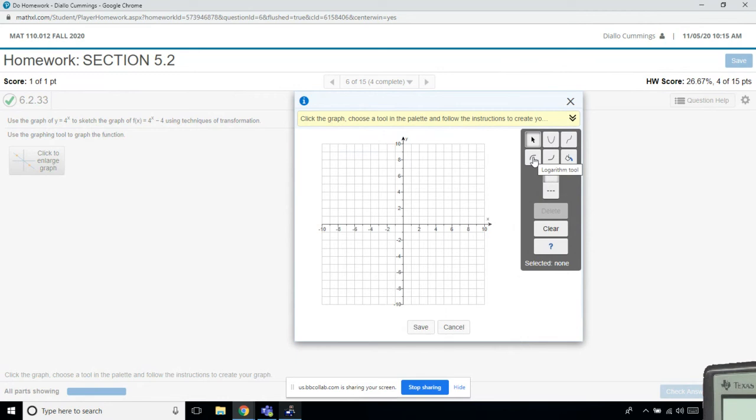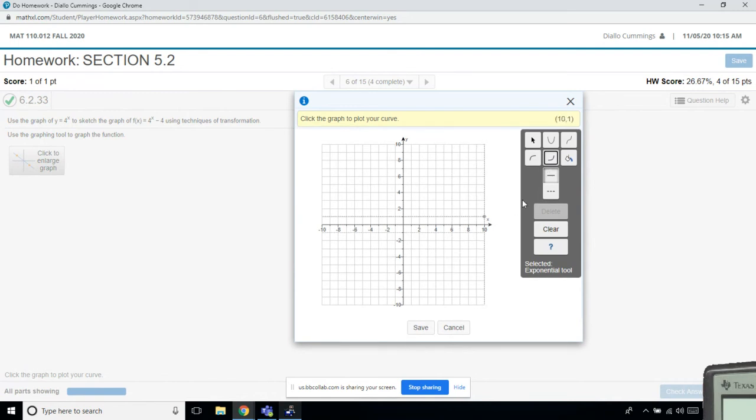You have the log tool if you're graphing a log equation, which we're going to talk about later in this chapter. And then we have this exponential tool. So I want to use the exponential tool because this is an exponential function.